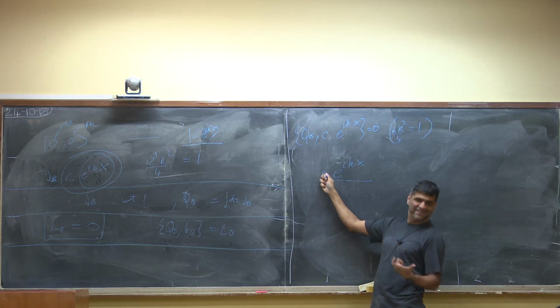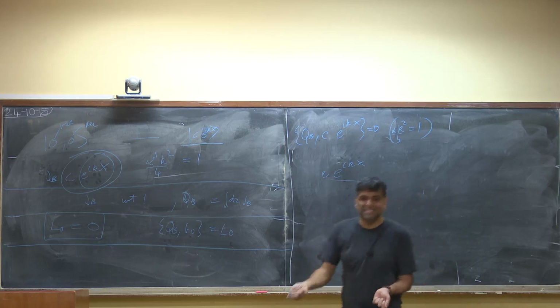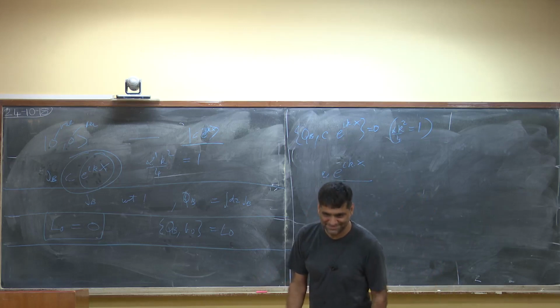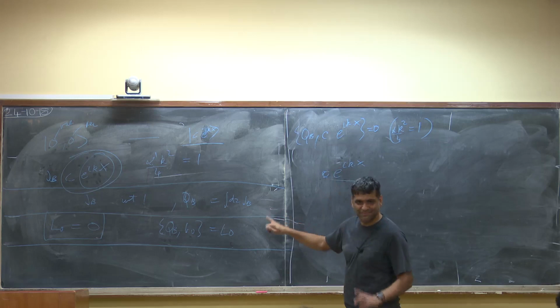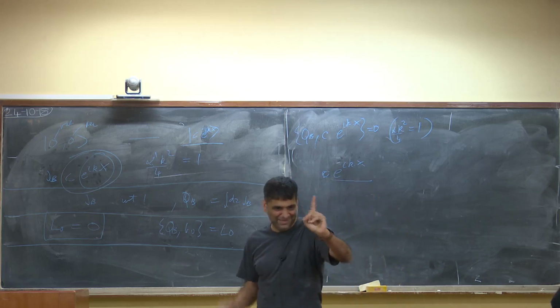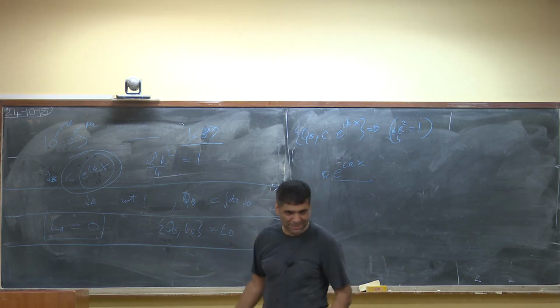There's a unique state annihilated by B0. You remember the only possible states were the up and down vacuum. But one of the two has been killed because it's not annihilated by B0.